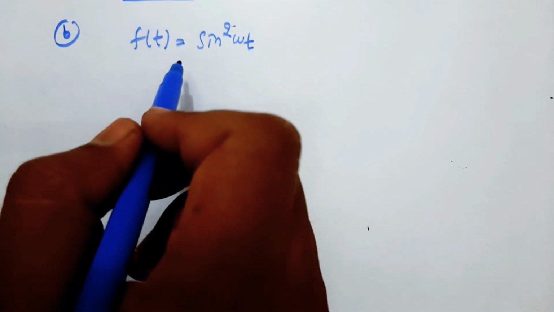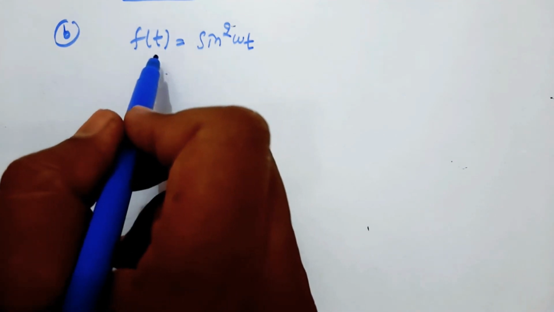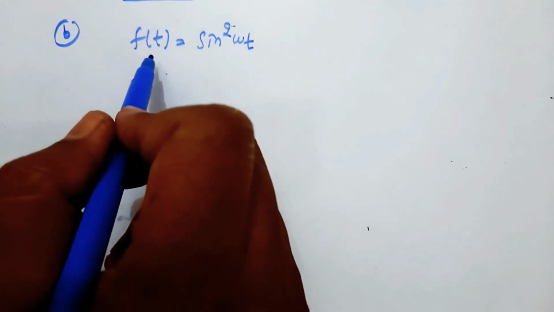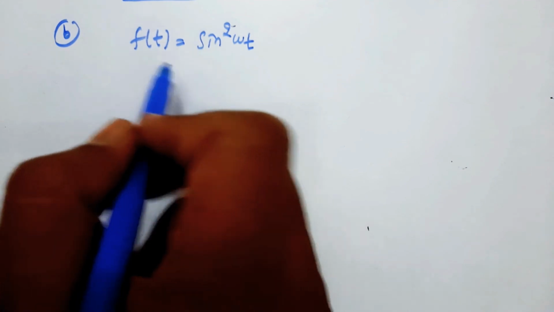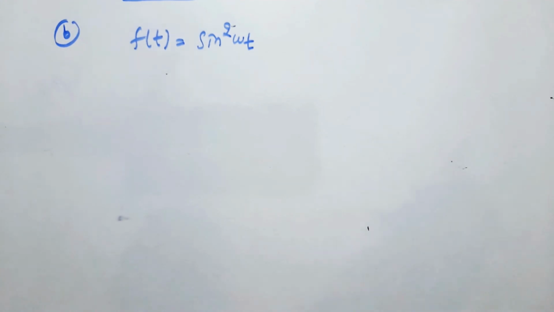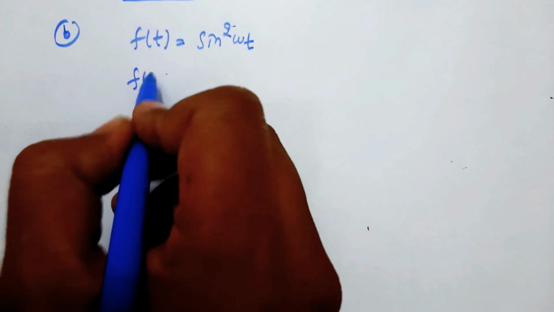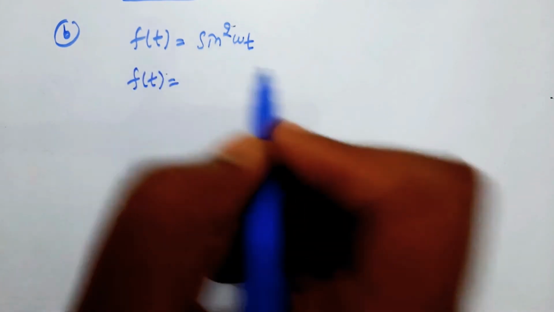Here what is a sinusoidal function of time t? The function f of t is a sine function or a cos function. Let us check. Here f of t is equal to sin square omega t.